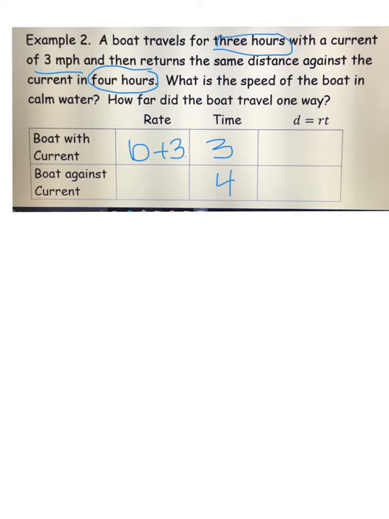But on the way back, it's going to be the speed of the boat minus the speed of the water, because they're fighting against each other. So the distance for the boat with the current is 3 times the quantity B plus 3. The distance against the current is 4 times the quantity B minus 3.